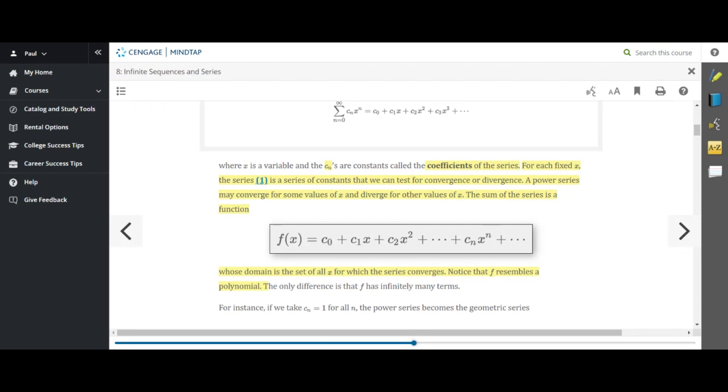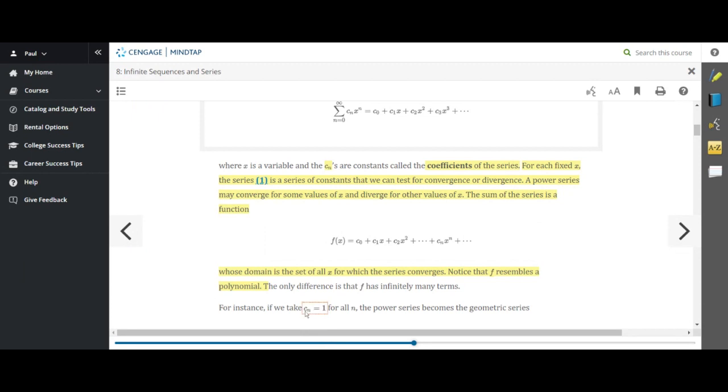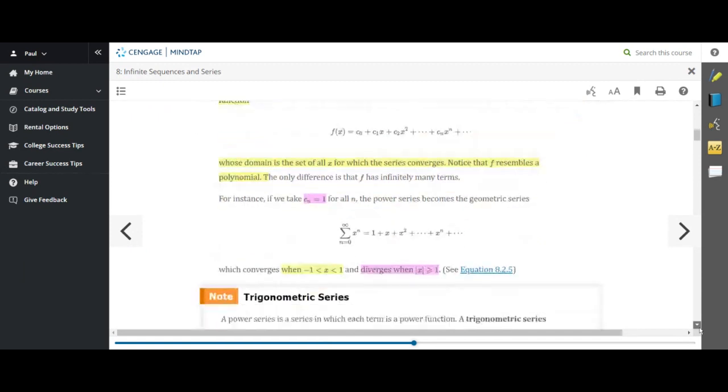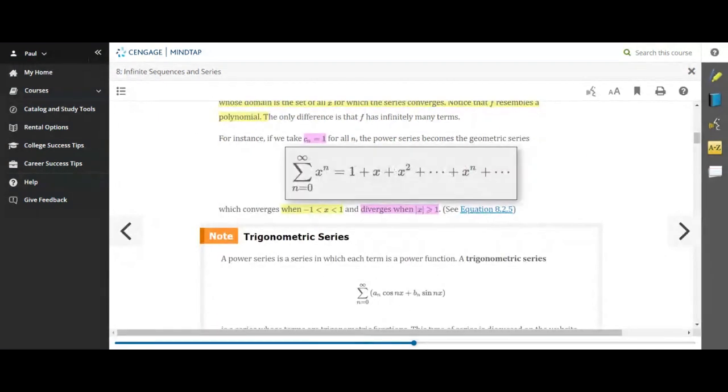Now, a very simple power series is, let's suppose we set all the coefficients equal to 1. Well, then that power series above, that function f of x, or, well, actually, let me go up higher. This power series above could be expressed then specifically as this series.